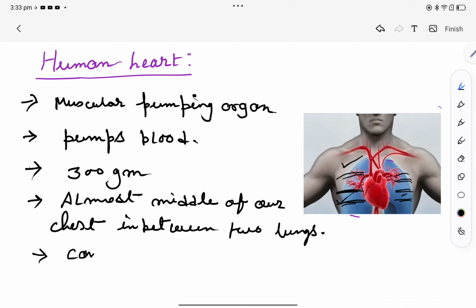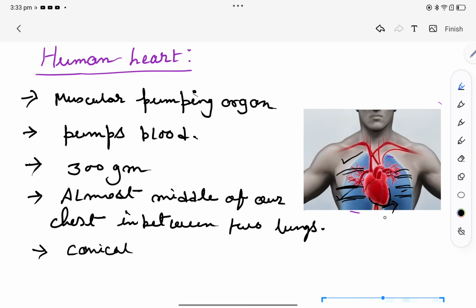The lower conical part of the heart is somehow tilted towards the left. That's why it is often said that the heart is on our left side, but that is not entirely true. The lower part is a little bit tilted towards the left side.